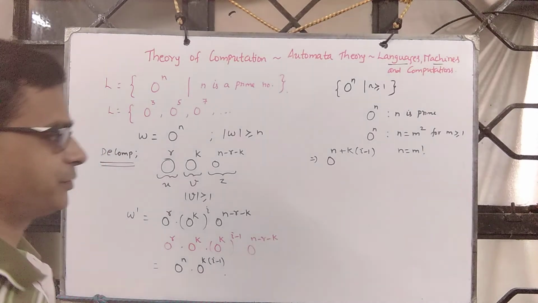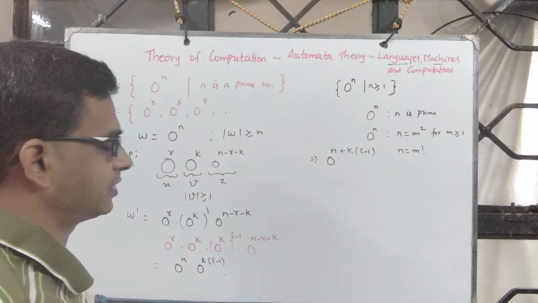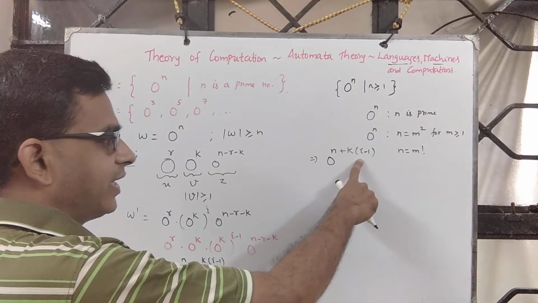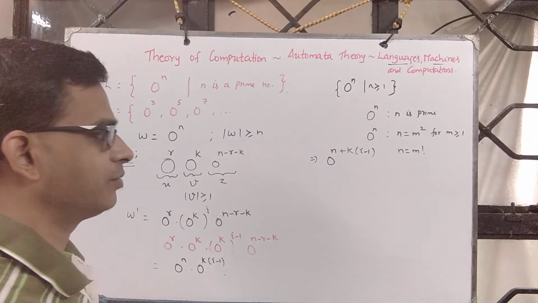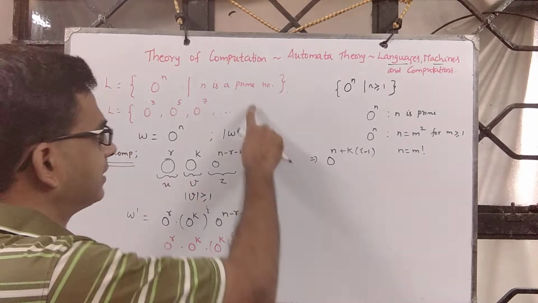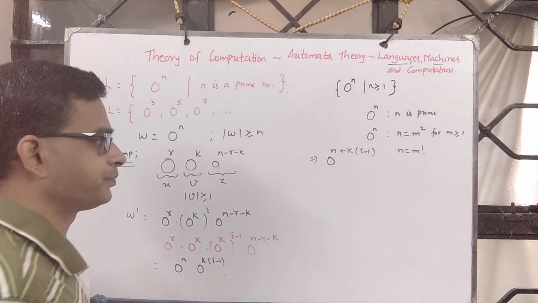The length of the string must be a composite number because the language contains all prime numbers. So naturally I need to choose one i such that when we simplify this, I should get a composite number, which means 0 power composite number is not part of the language. Okay, that's the overall approach.